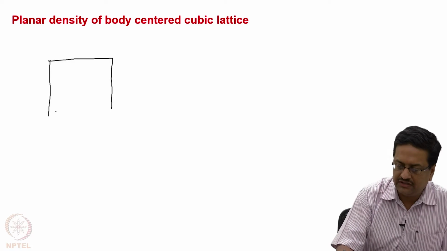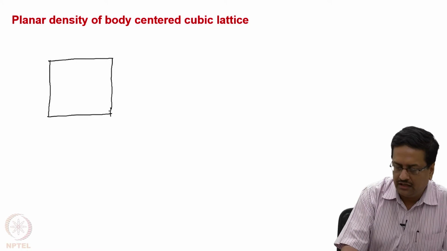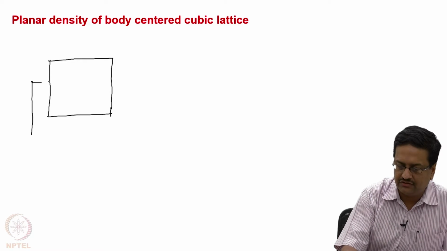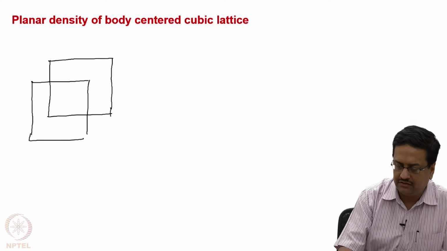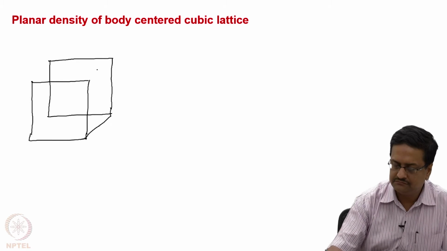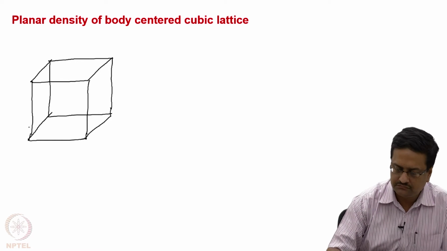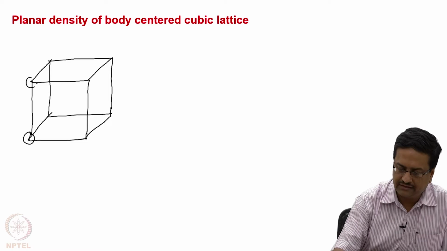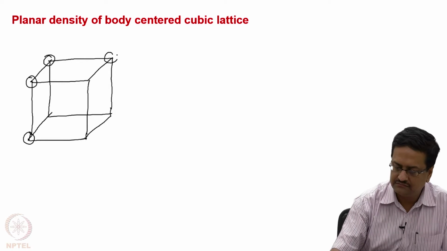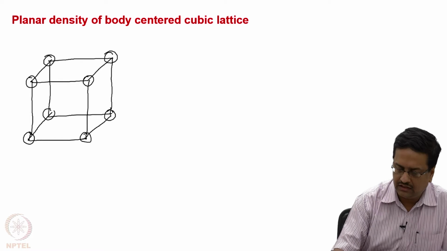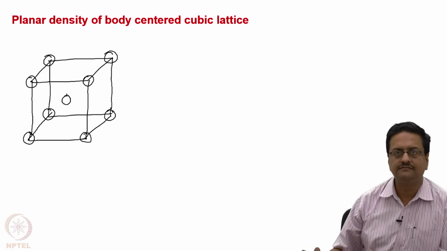As you know, the body-centered lattice has 8 lattice points at 8 corners and a lattice point at half, half, half. So we have atoms at 8 corners and at the center of the lattice.